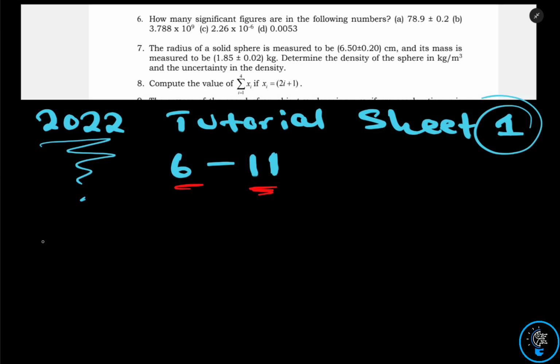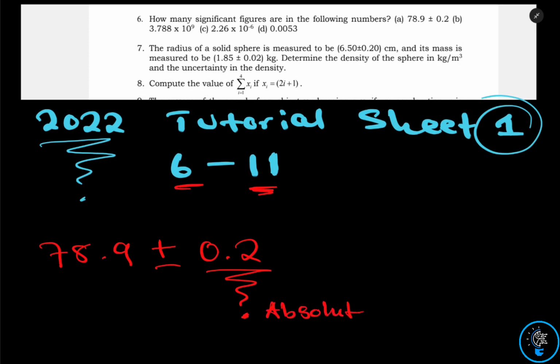in the following numbers? So we are given the number 78.9 plus or minus 0.2. Okay, so we know that this number has uncertainty, so this last part is the uncertainty. To be specific, it's called absolute uncertainty.